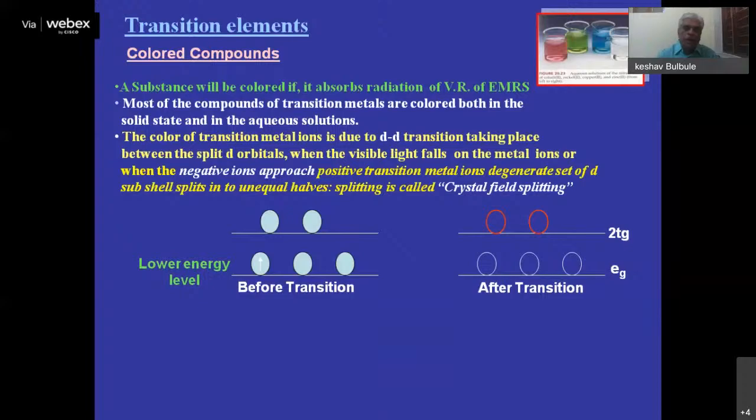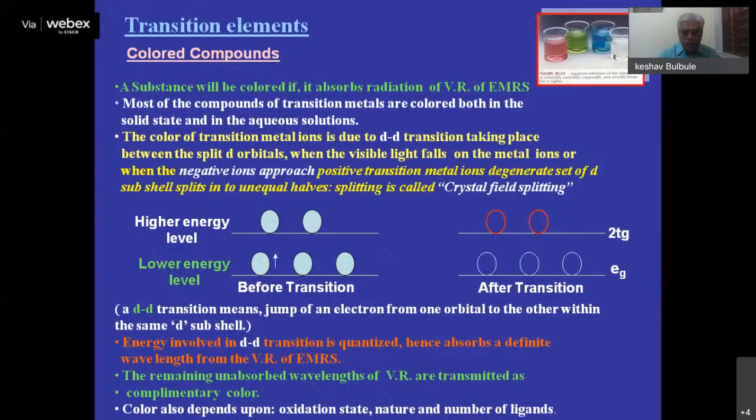But when such a degenerate set of 5 orbitals is approached by water molecules or any ligand or by any negatively charged ion, then please note how the electron makes a transition from relatively lower energy to the higher energy. Please see this transition. I hope you are able to see the transition from the lower d subshell to the higher d subshell.